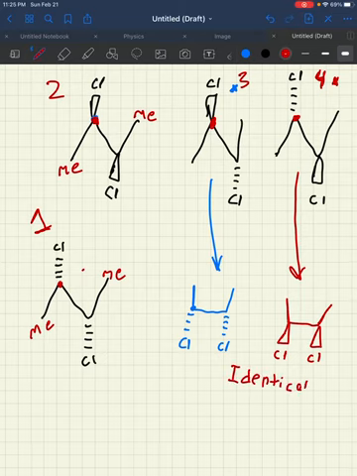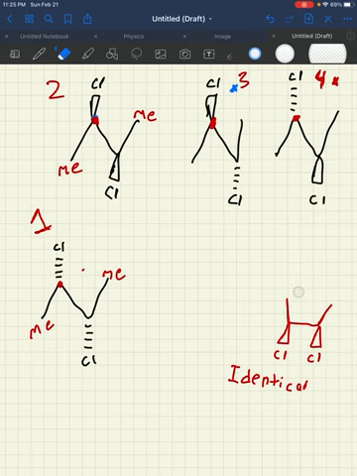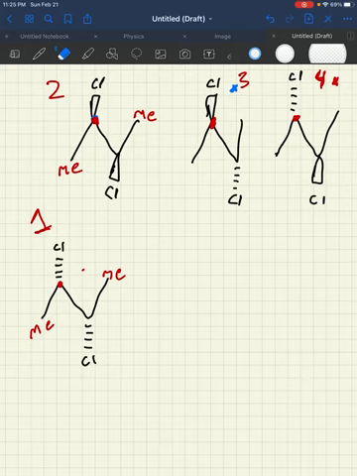You have to think of this in a 3D space. These are 3D shapes we're dealing with on a 2D piece of paper. And you have to wrap your mind around that. It's a very visual subject. So let's get rid of these. We now know that these two right here, stereoisomer 4 and 3, are identical.